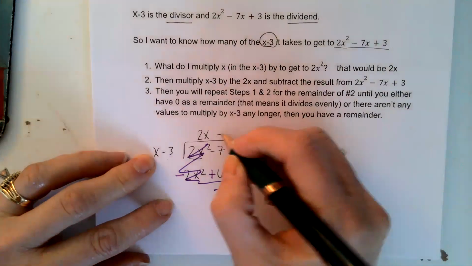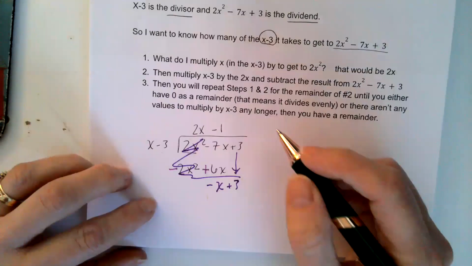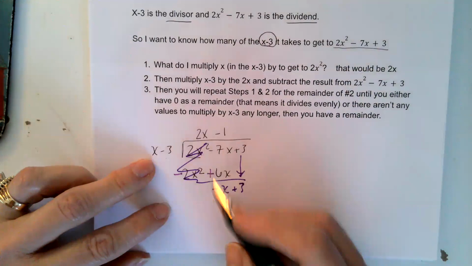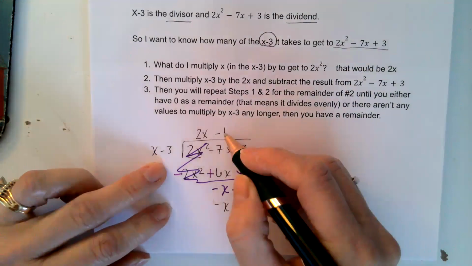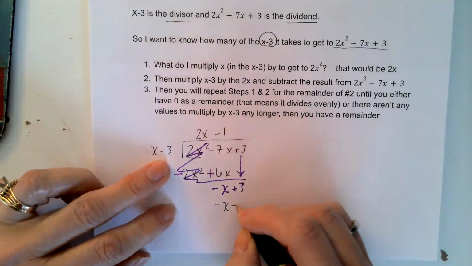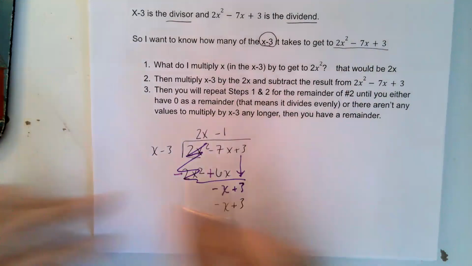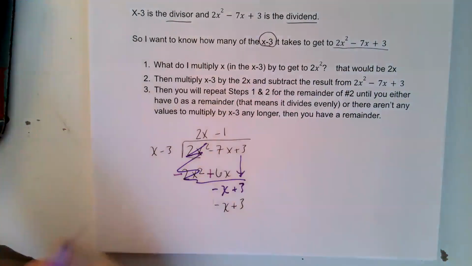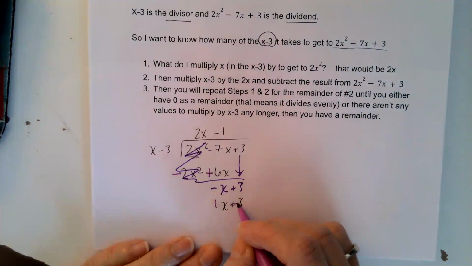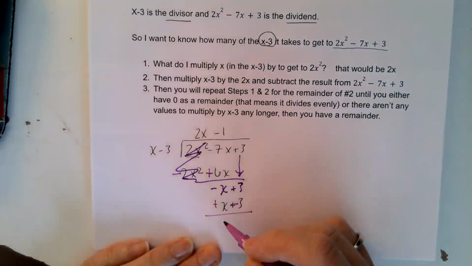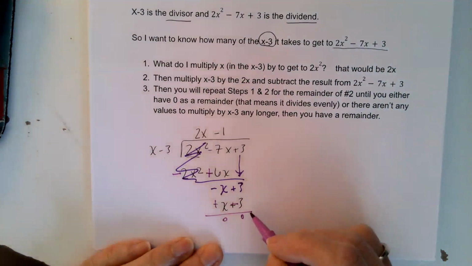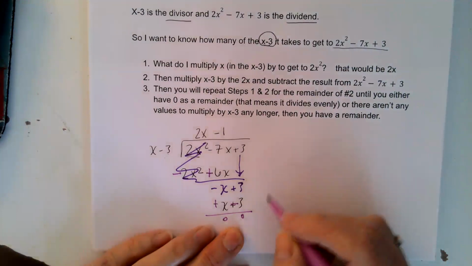I have to multiply by a negative 1. So I'm going to do that. A negative 1 times x is a negative x. A negative 1 times a negative 3 is a positive 3. Then when I subtract them, this becomes positive and negative, and they add to 0 and 0. So 0 is my remainder.